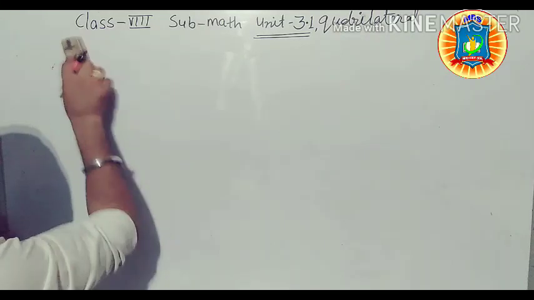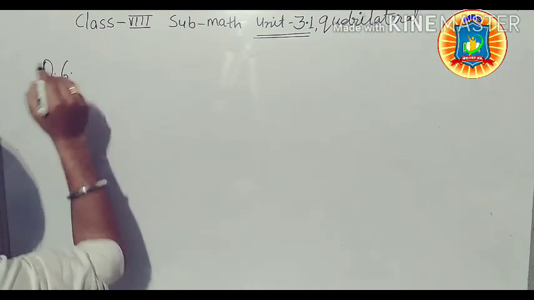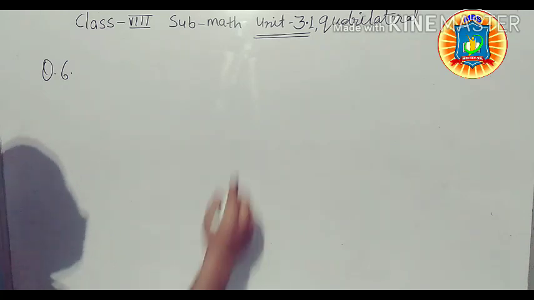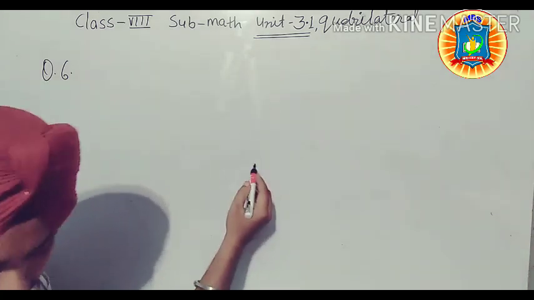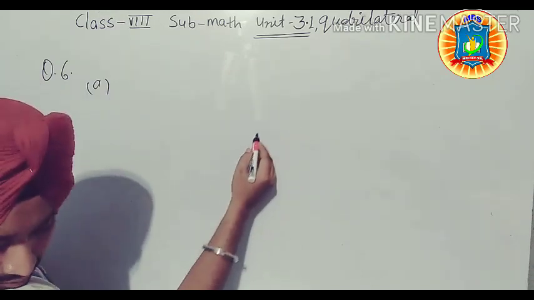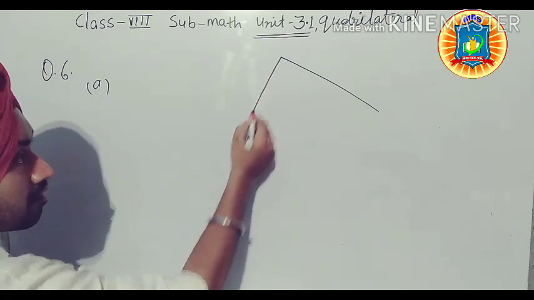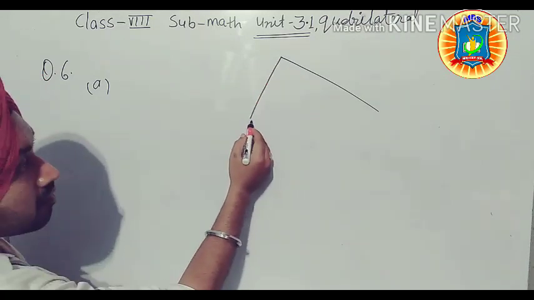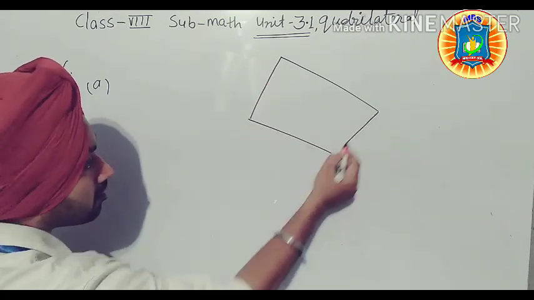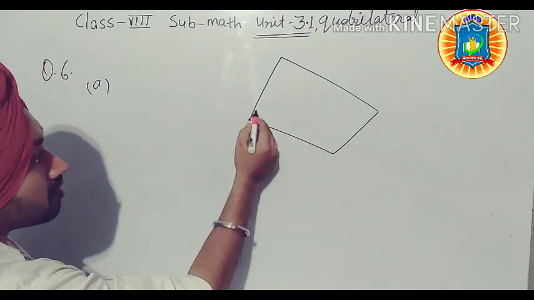So dear students, let's try to do question number 6. In this question, the first figure is given. Like this, it is a quadrilateral.